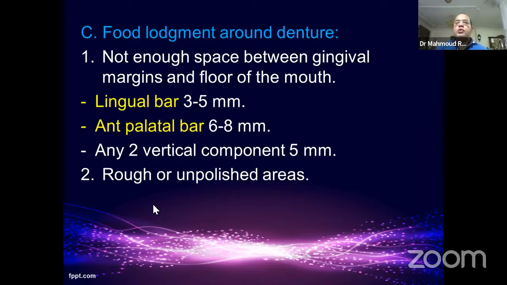Number two, any rough or unpolished area in an acrylic denture base or metallic denture may also cause food lodgement around the denture. It will be very annoying to your patient that food sticks to his denture.